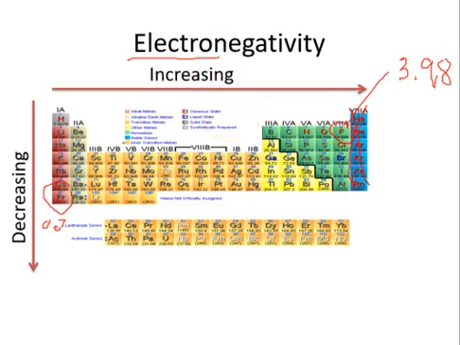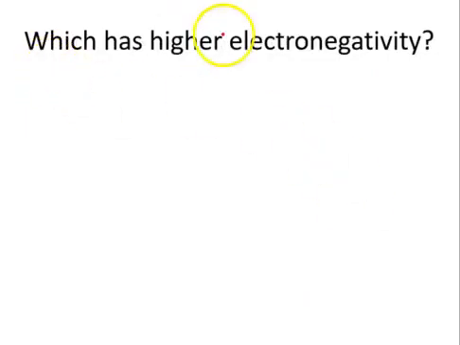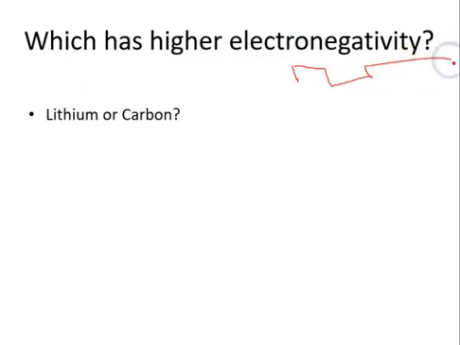So knowing that, let's think about the periodic table when we answer the following questions. Which has a higher electronegativity, lithium or carbon? Find lithium and carbon on the periodic table and see where they are relative to fluorine. Whichever one is closer to fluorine will answer which is the higher.